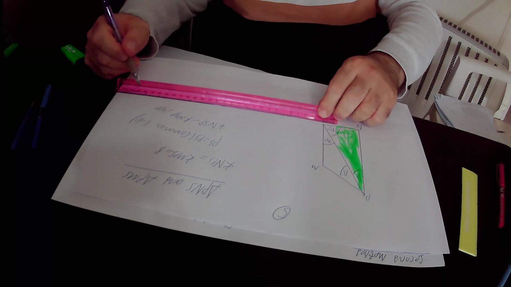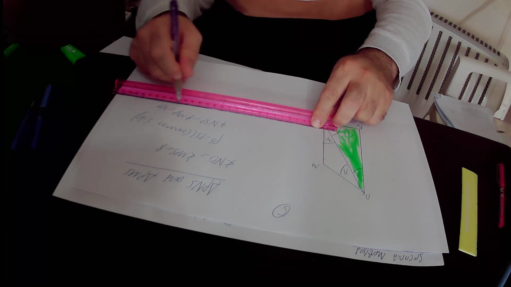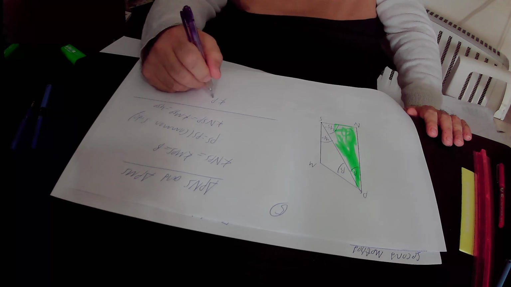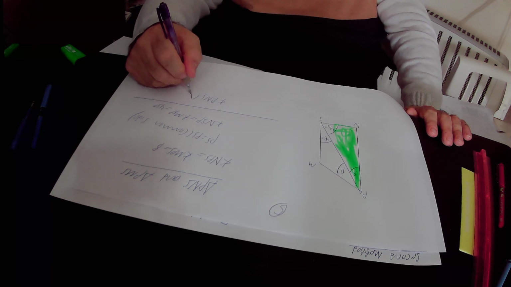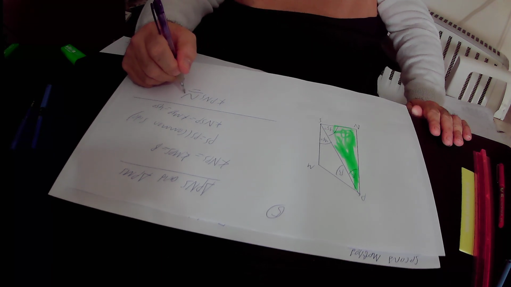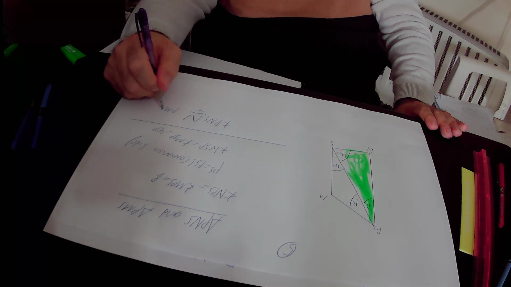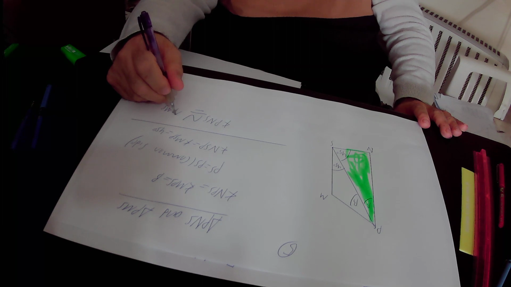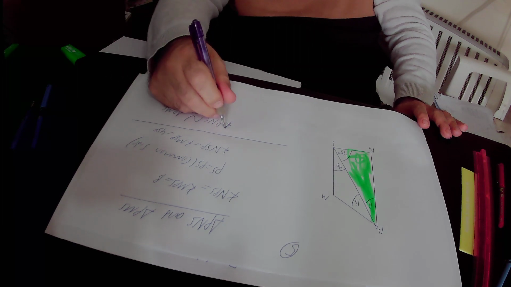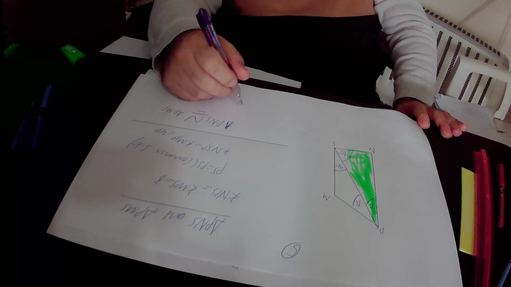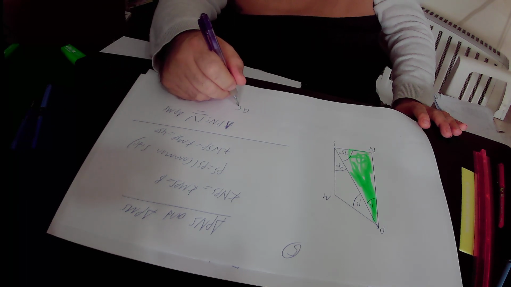So we actually proved that the green triangle PNS is congruent, this is the sign of congruent, to the white triangle PMS, according to the angle side angle rule.